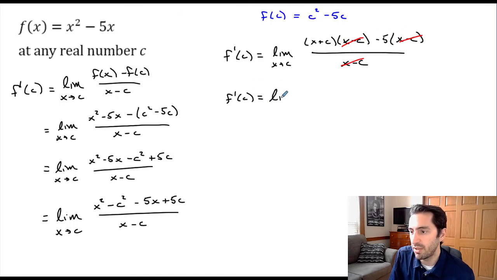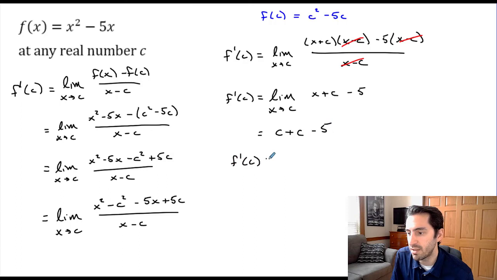What I'm left with is the limit as x approaches c of x plus c minus 5. And now in this simplified form, we can substitute in c to find our limit. So plugging c in for x, we have c plus c, and then minus 5. And simplified, f prime of c is equal to 2 times c minus 5.